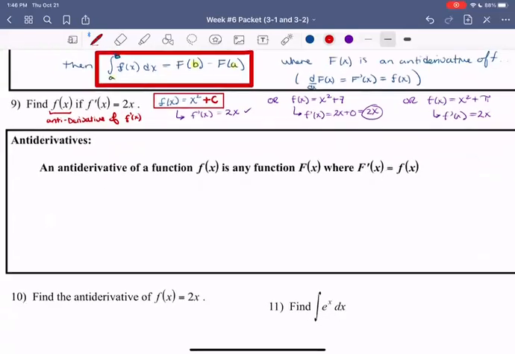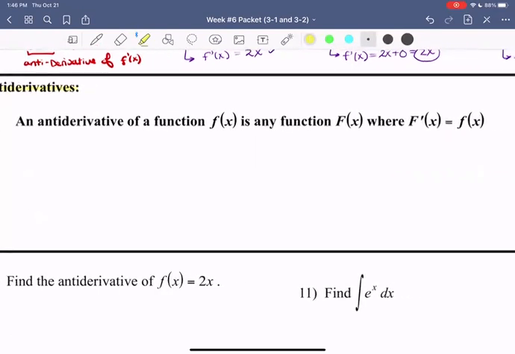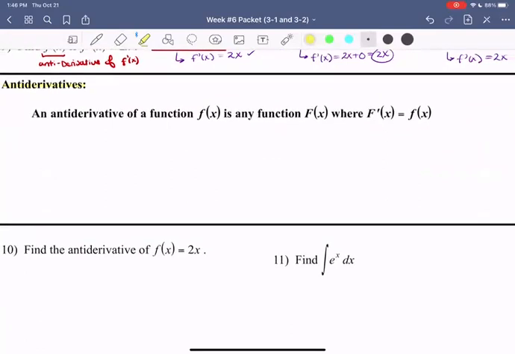So let's look again at a definition of antiderivatives and summarize it in this box here. So an antiderivative of a function f is any function big F, we're just using different notation here, any function big F where the derivative of the big F function is equal to our original function.